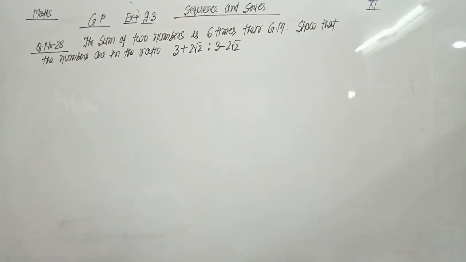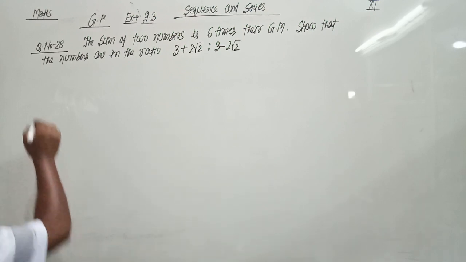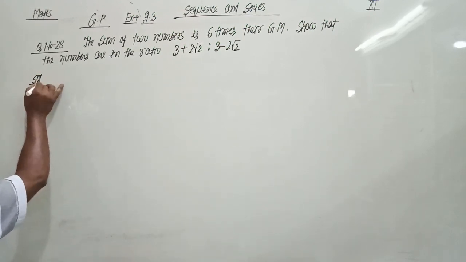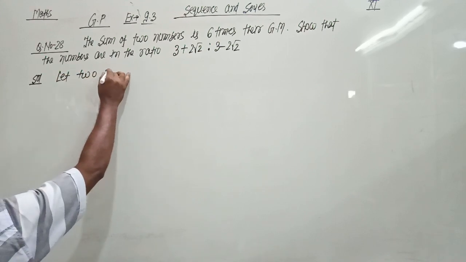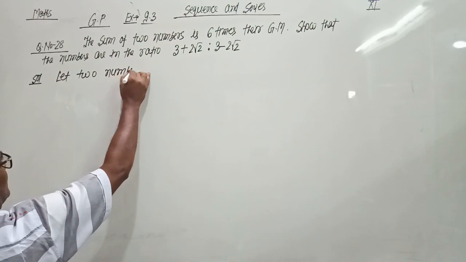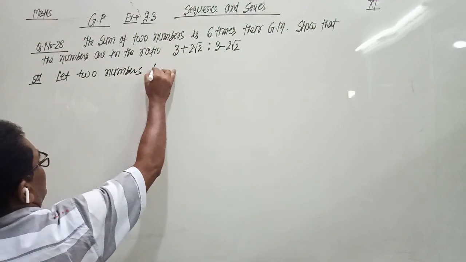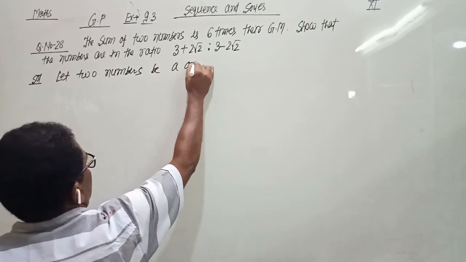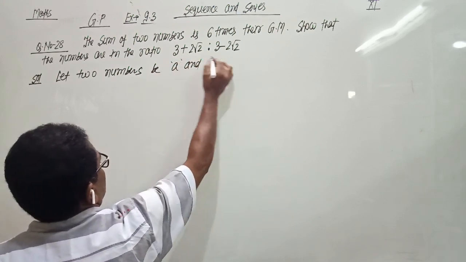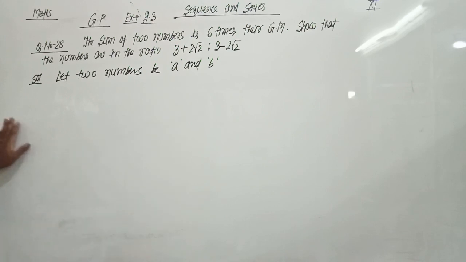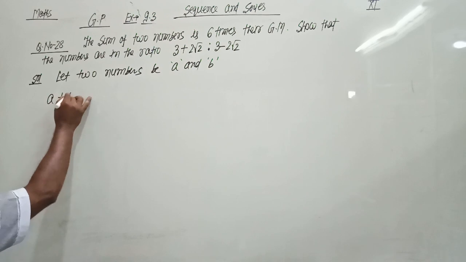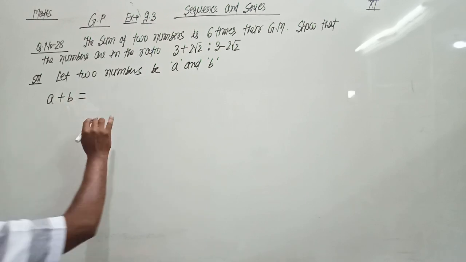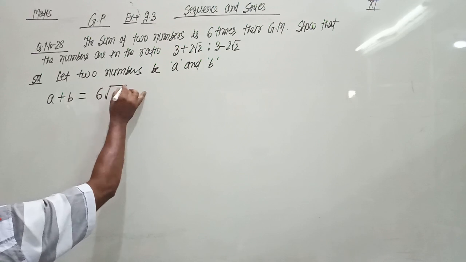This is also an important question. We have given the sum of two numbers. So let the two numbers be A and B. We have supposed the two numbers A and B. Then it is given that the sum of the two numbers, meaning A plus B, is equal to 6 times their geometric mean.